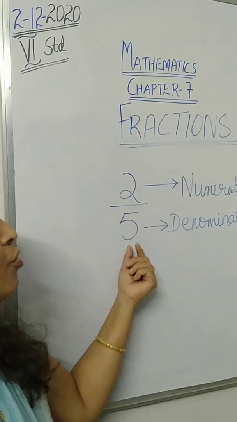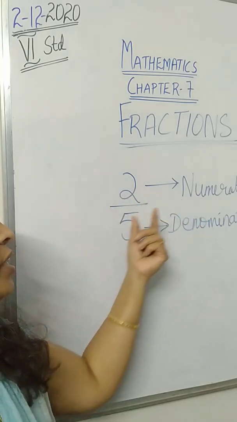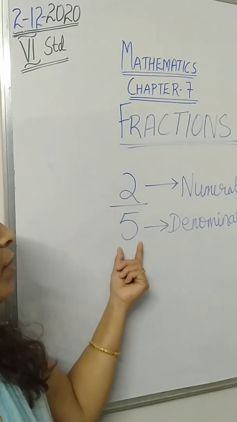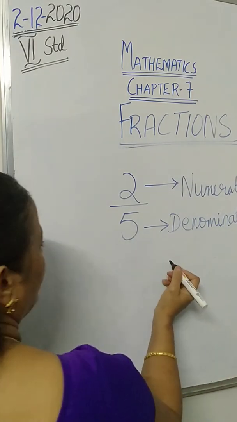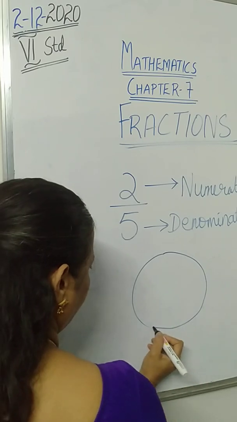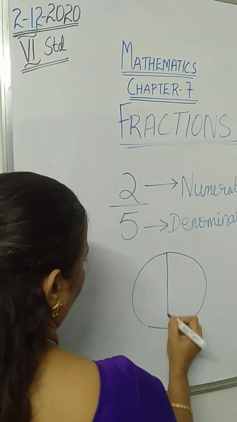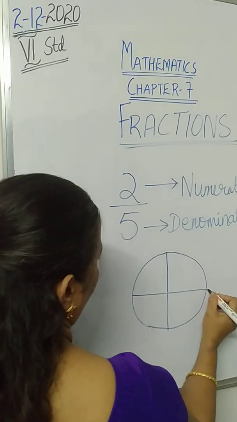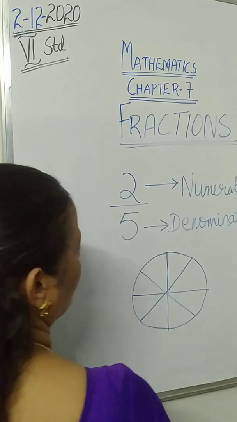Yes, a fraction has two parts. The part on the top of the line is the numerator. The part which is written below is called the denominator. Now, I'll show you. Suppose you take a circle. It is divided into 8 equal parts.